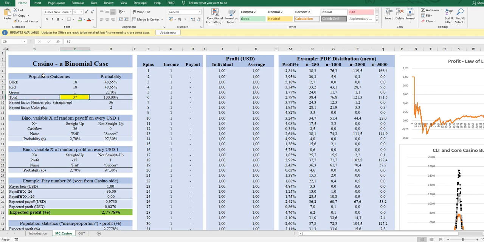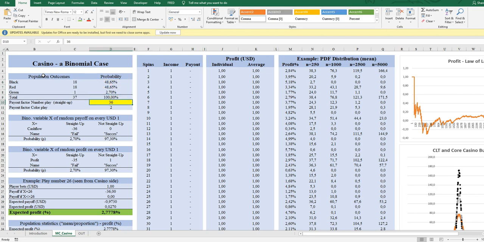But here we have 37 numbers, each with a chance of being rolled of 2.70%, that the ball in the roulette gets on that particular number. We also see the chance of getting a black is slightly lower than 50%, because we have 37 outcomes, and also on red.